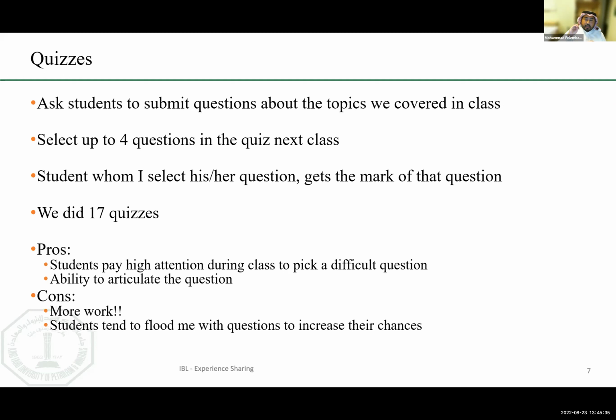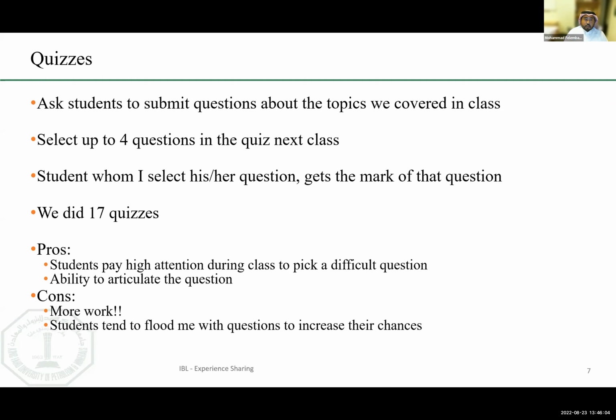And I noticed throughout the semester that in the first week or so, the questions were not articulated properly, but toward the end, they started to articulate the questions more properly. In the beginning of the semester, I had to adjust the questions so that they would be understandable, but toward the end, I just copied and pasted the question as is.